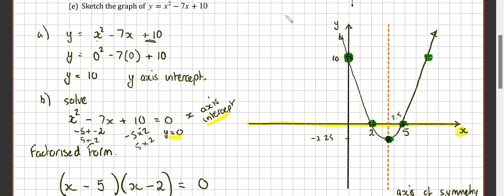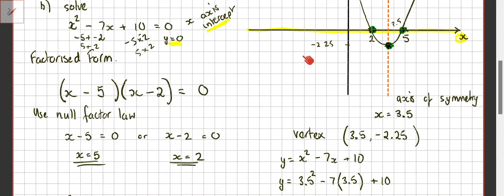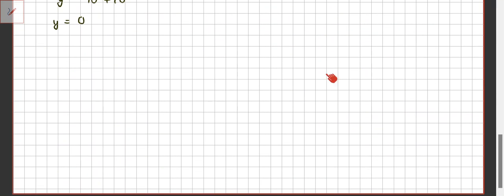When you sketch, it's quite important that your quadratic curve is generally kind of like that. What we've got to try and avoid is curves that do this, where it comes back in, because that doesn't happen.